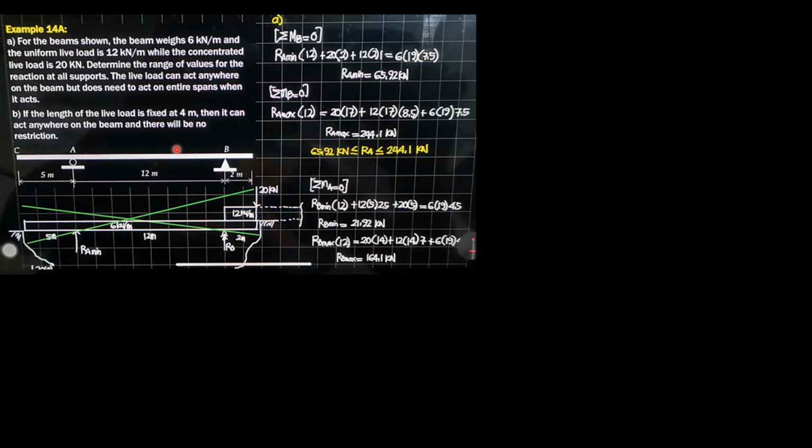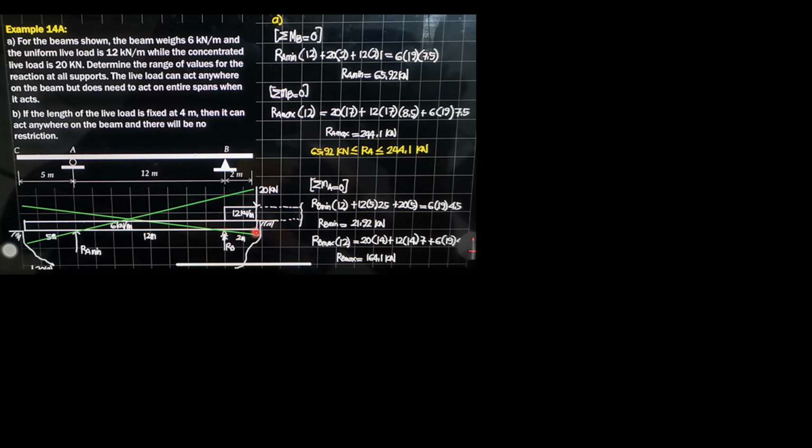So this is the original beam, and we use the concept of qualitative influence line. That is, if I push A, then this will be the deflected shape of the beam. In this portion, the ordinates will be positive and it will only be negative somewhere here.